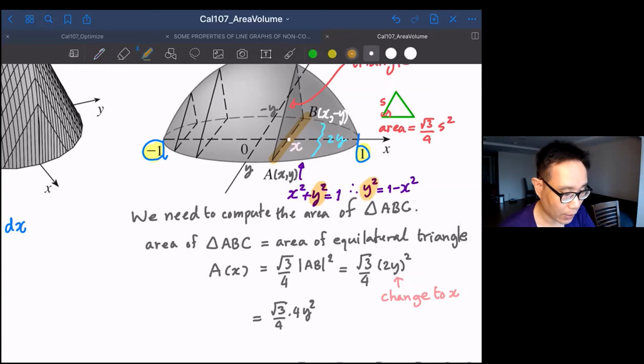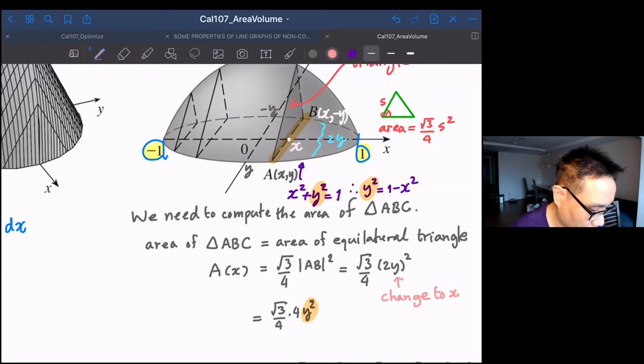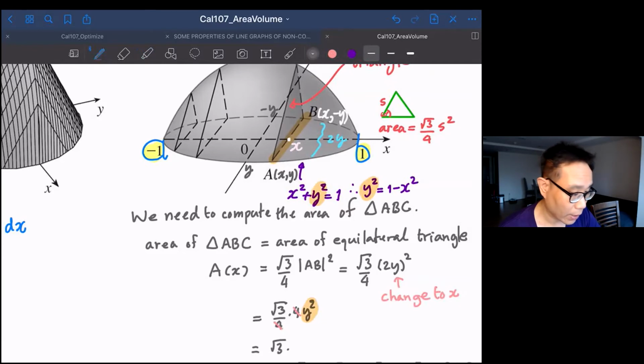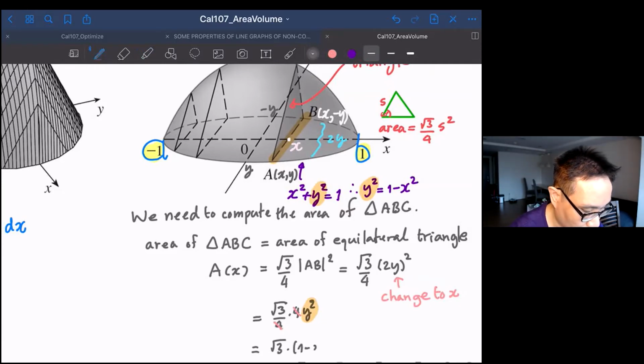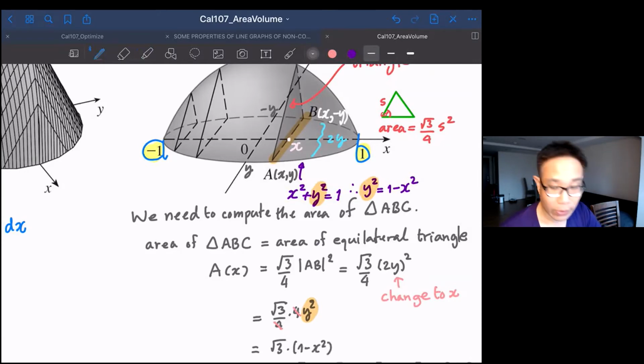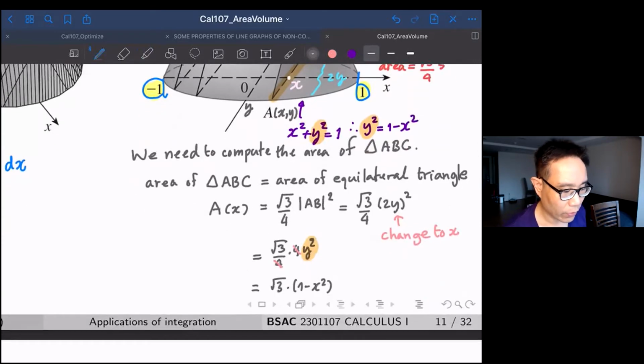You get rid of the 4 and 4, so it's going to be root 3 times y squared. What is y squared? y squared is 1 minus x squared. So this one will be your area.